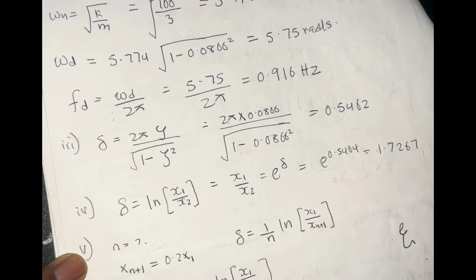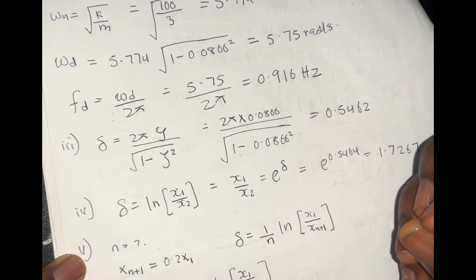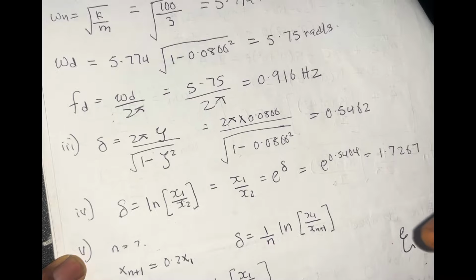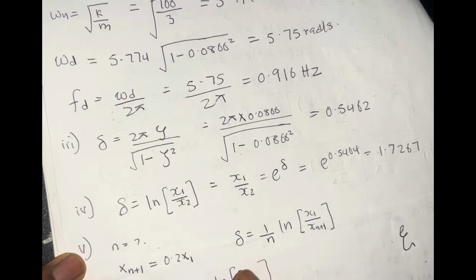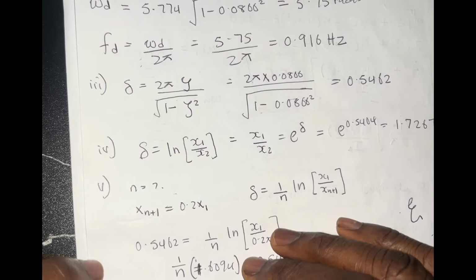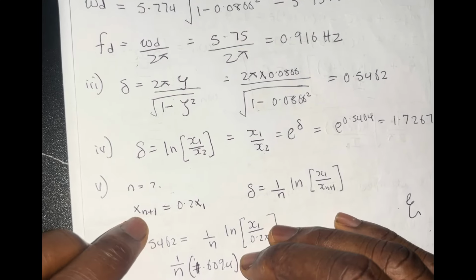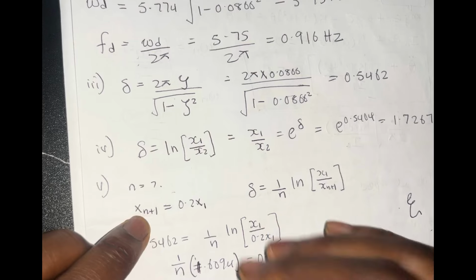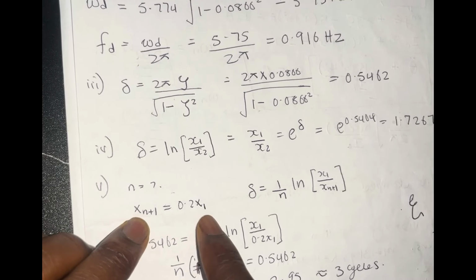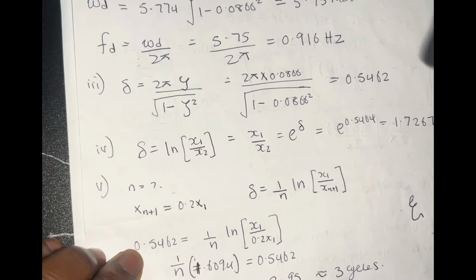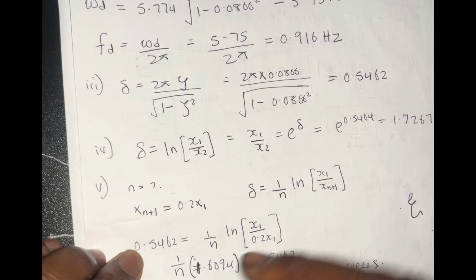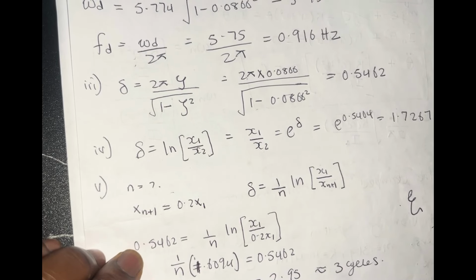This equation sums up a series of logarithmic decrements as we move. We want to know how many cycles we have to move to achieve this. The next one will be 0.2 of x1, but how many cycles do we have to move to obtain 0.2 of the initial x1?